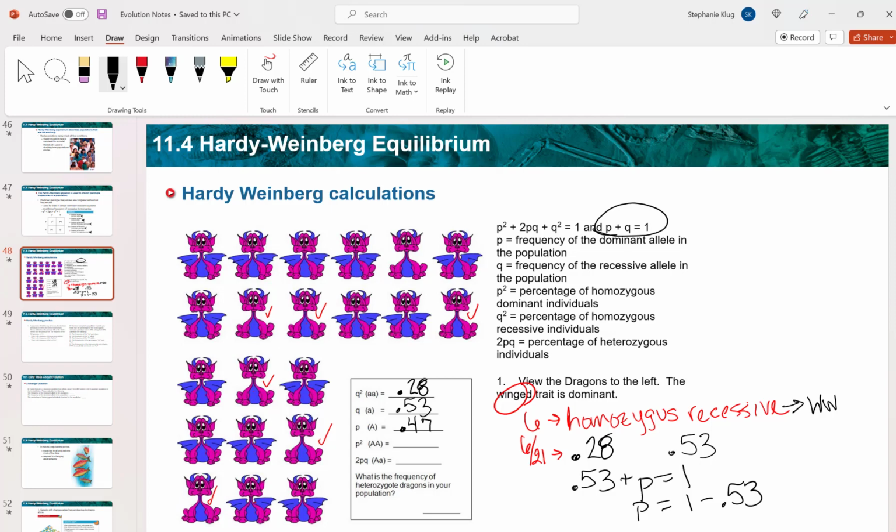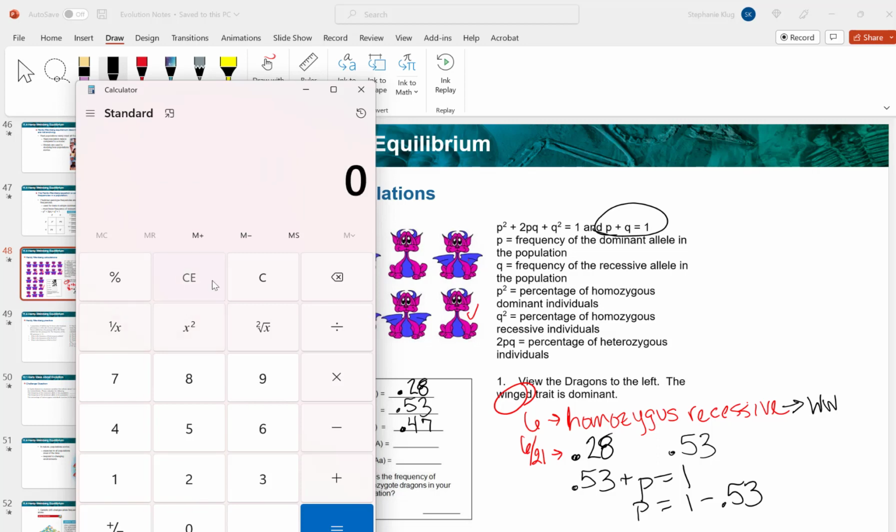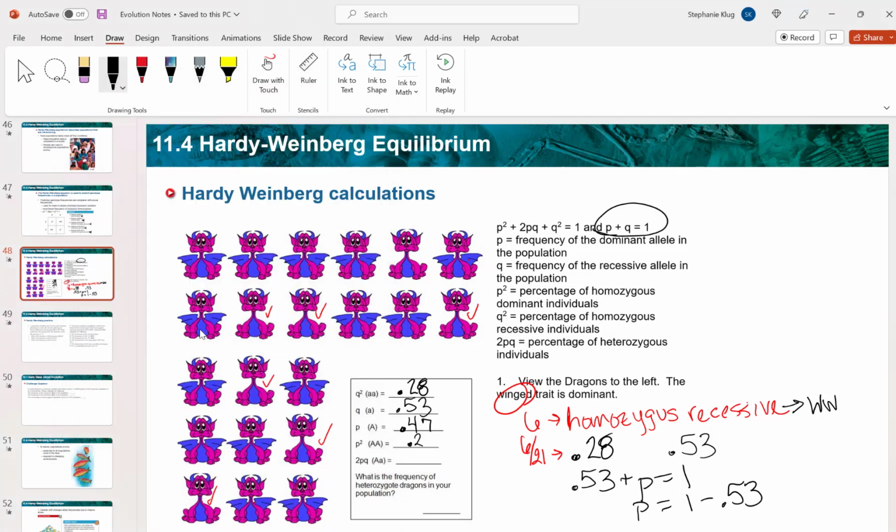Now we have to square 0.47. We need to square it. So that is P squared, 0.22. Now it's just a math problem.